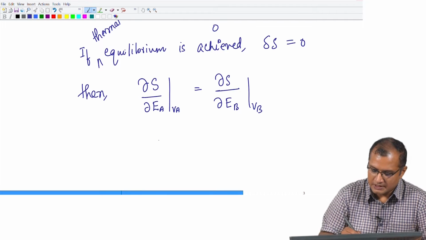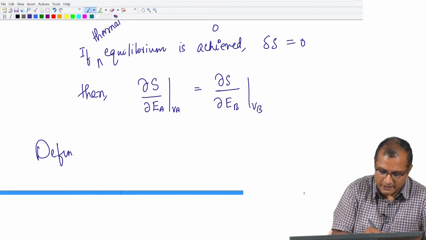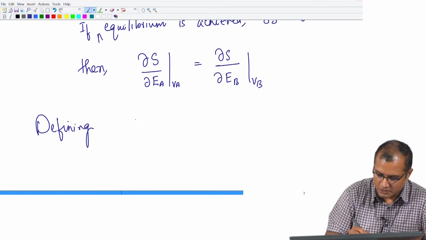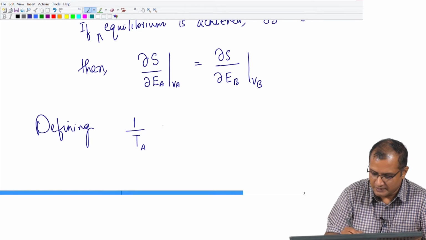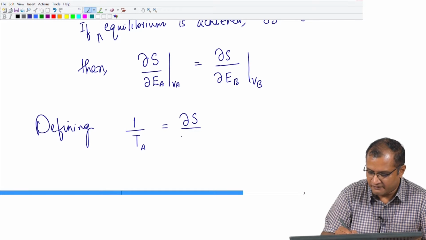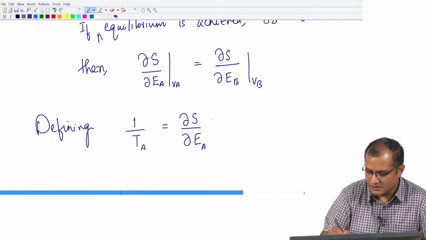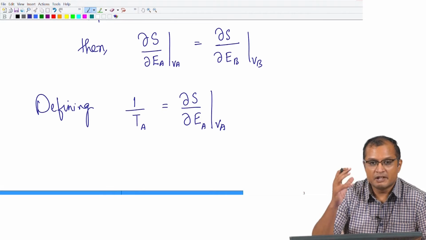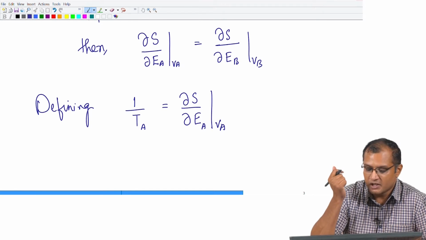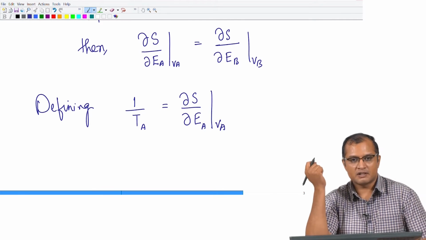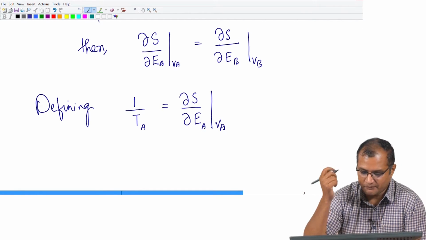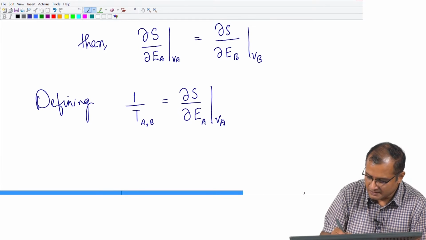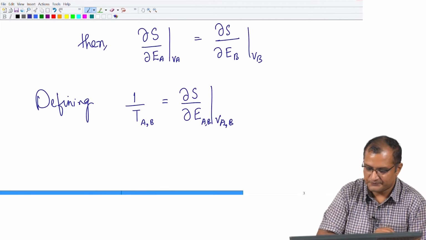and I can now define empirically the temperature as 1 upon T. So, if I define dS over dE as 1 upon T, then this quantity, dS over dE_A at constant volume of system A, is nothing but the inverse temperature for the system A. So, I will say this is A comma B, similarly this is A comma B, this is A comma B. Okay.